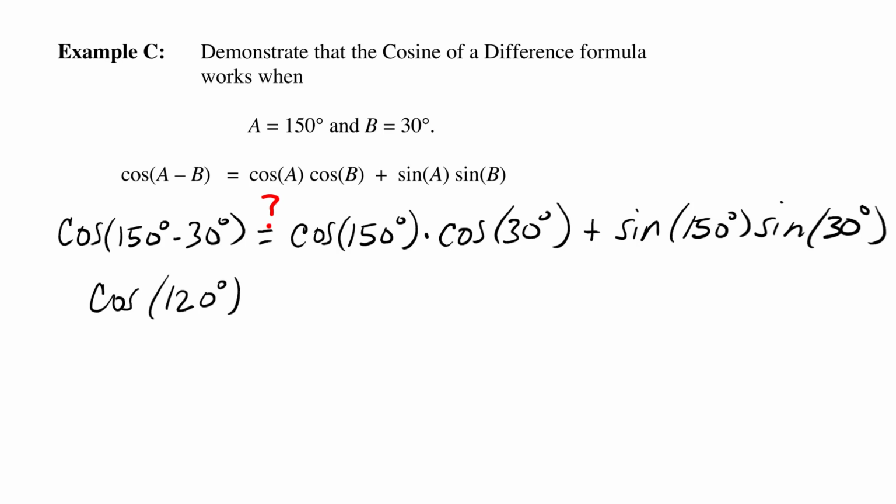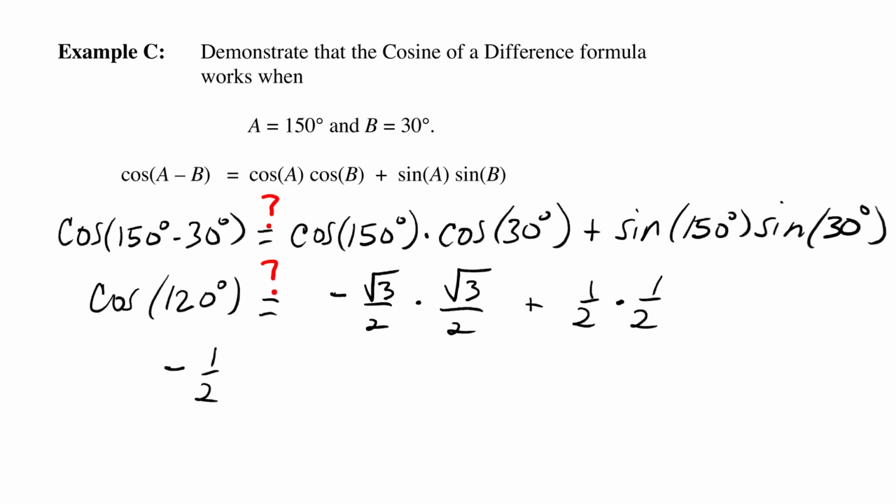Cosine of 120 degrees is equal to... cosine of 150 is negative radical 3 over 2, and cosine of 30 is positive radical 3 over 2. Sine of 150 is positive 1/2, and sine of 30 is also positive 1/2. Cosine of 120 is negative 1/2, and when we multiply these fractions on the other side, we get negative 3/4 plus 1/4.